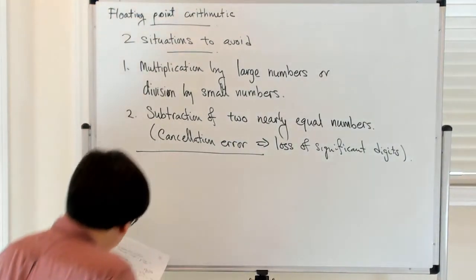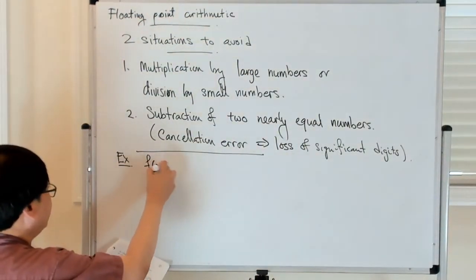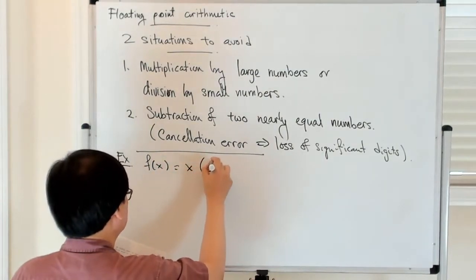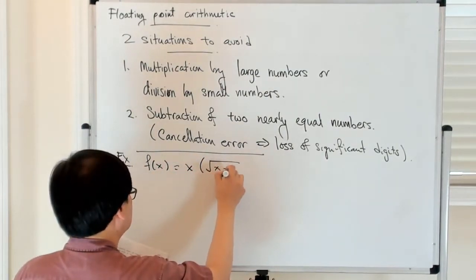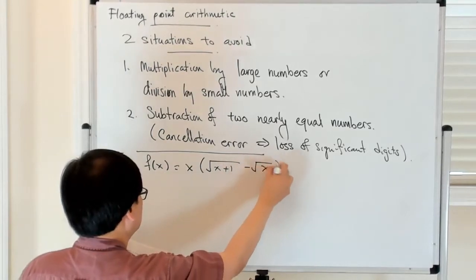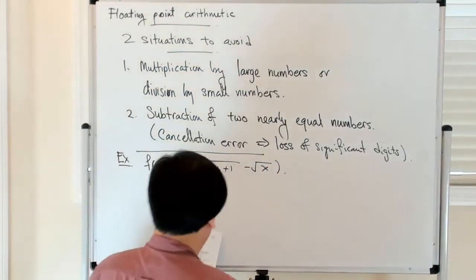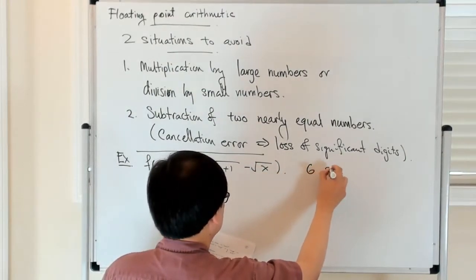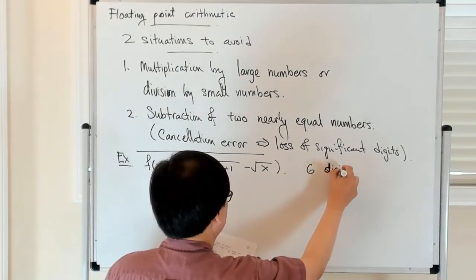So let's say I have some function f of x, which is x multiplied into the square root of x plus 1 minus the square root of x. Let's see what goes wrong. Let's say we have 6 digits of accuracy.